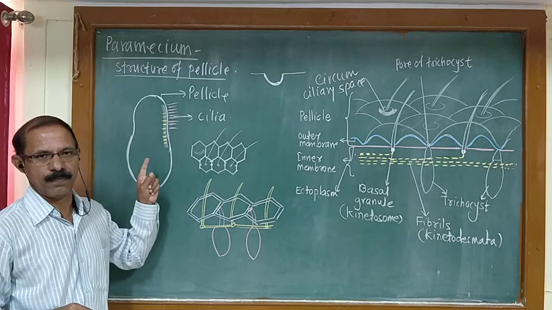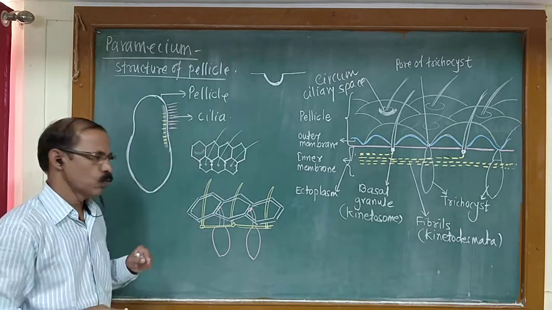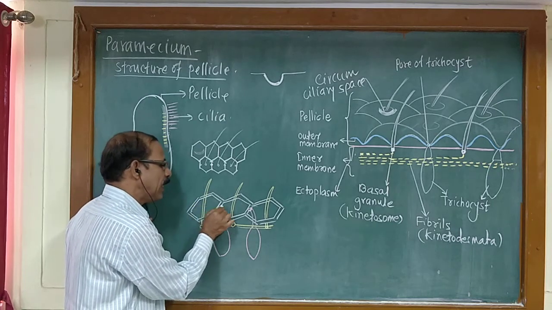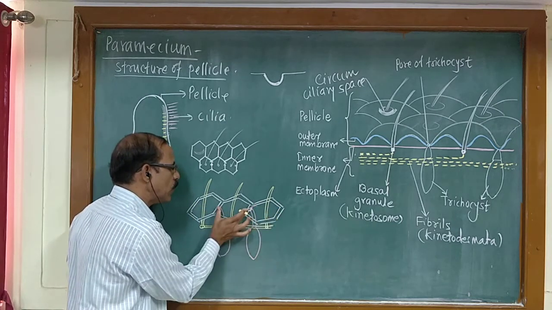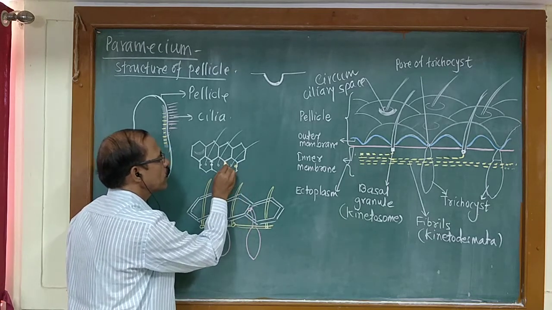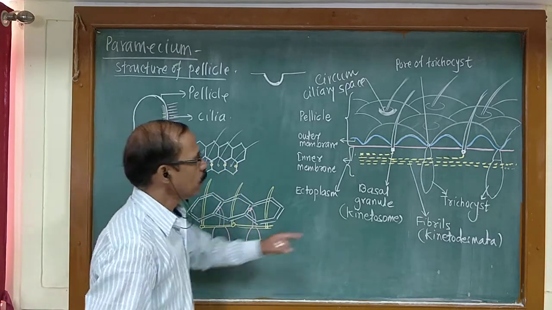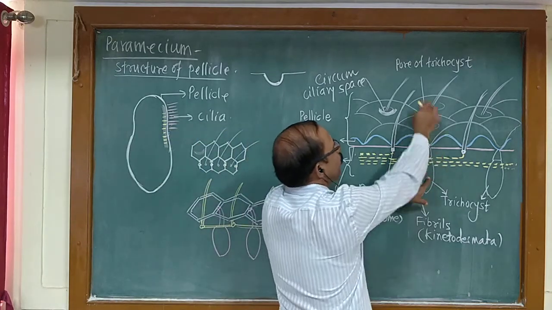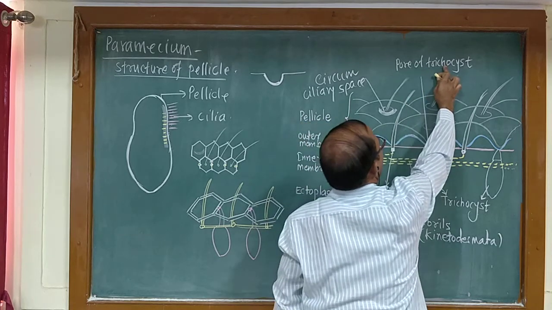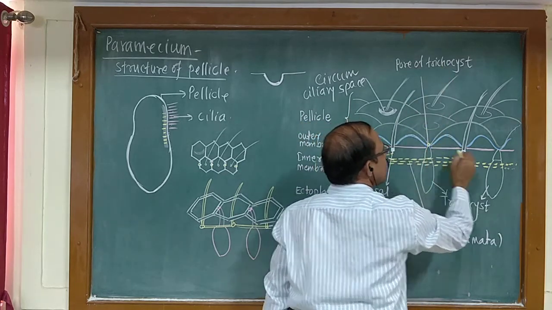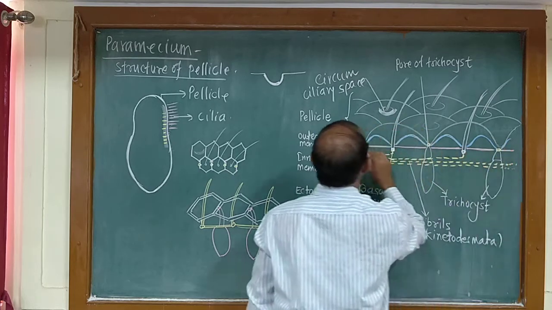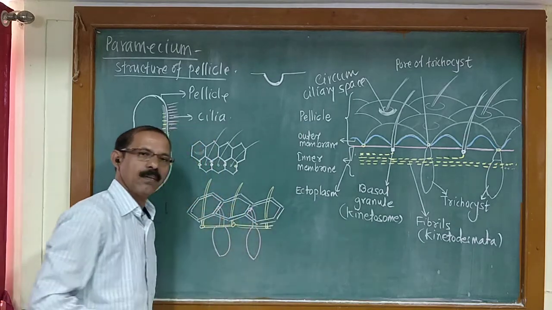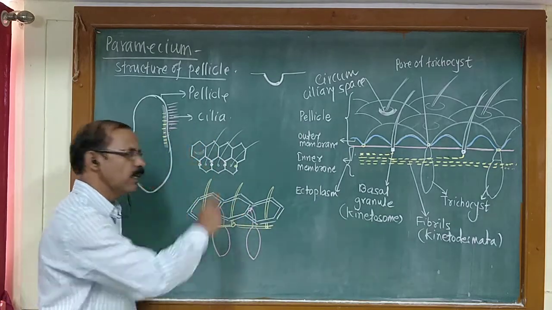This trichocyst opens on the surface by its opening, which lies at the anterior and posterior border. In this figure also, this is a trichocyst, and it opens on the pellicle. It is called the pore or opening of the trichocyst. Trichocysts open to the surface of the pellicle at the anterior and posterior margin of each hexagonal area.